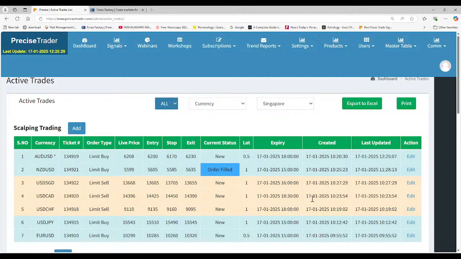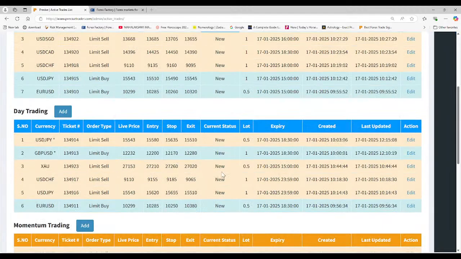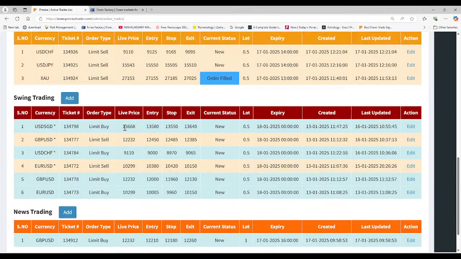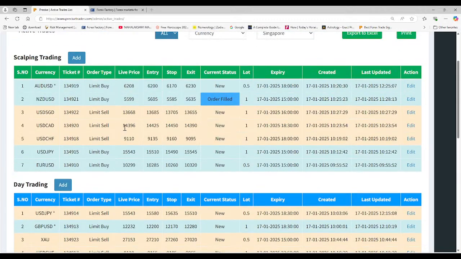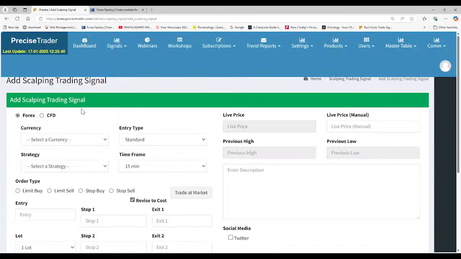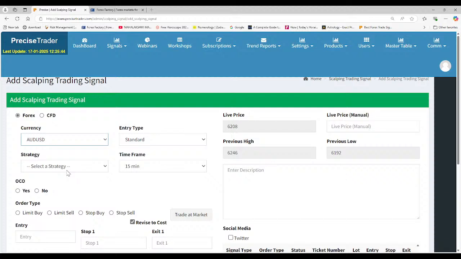Okay, the next trade, we don't have any other trade. Because this market is very quiet, I don't want to go under the day trading, so this is going to be a scalping trade because it's still within the range. So we'll try to go for a buy.